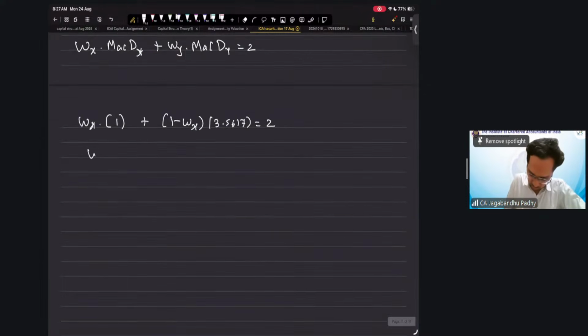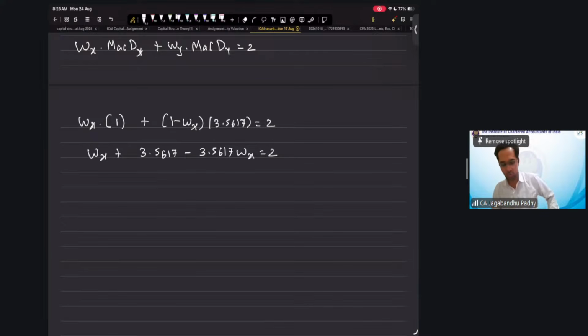So this is simply weight of X plus 3.5617 minus 3.5617 into weight of X is equal to 2. Just solve this and give me the value of the weightage of bond X.